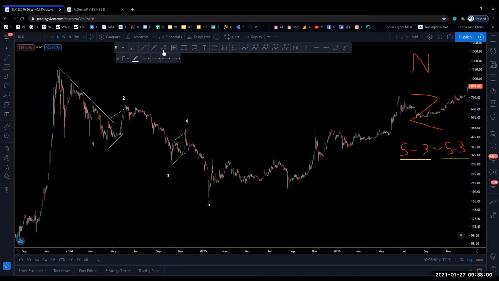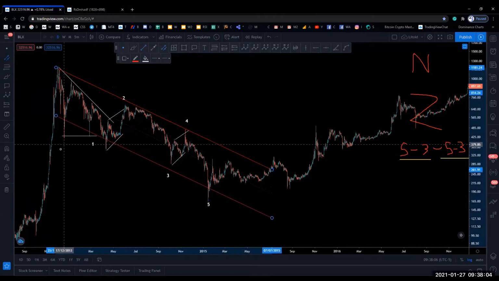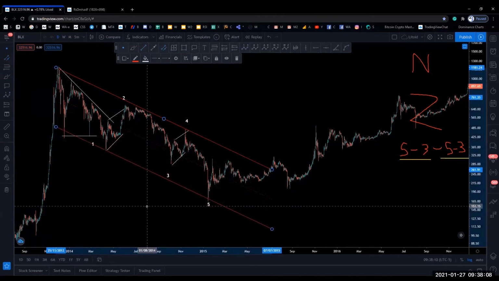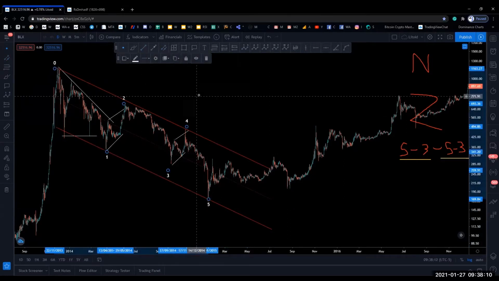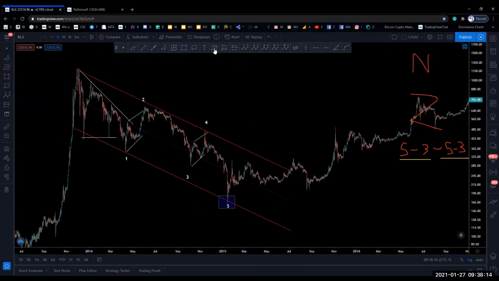You put down your parallel channel from here to the tops and to the bottom of 1 there, and you can see that C came back here.